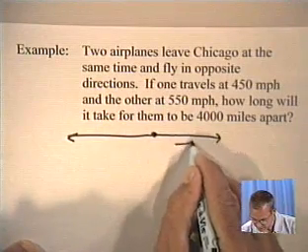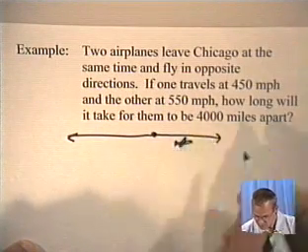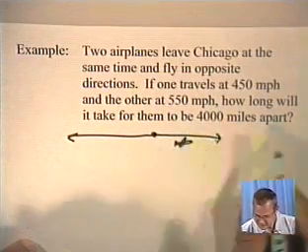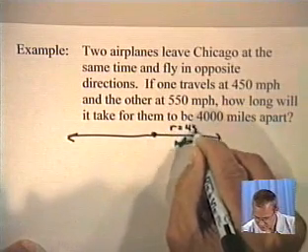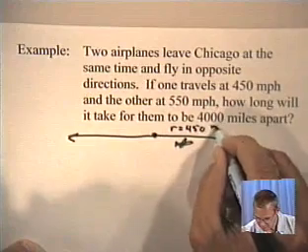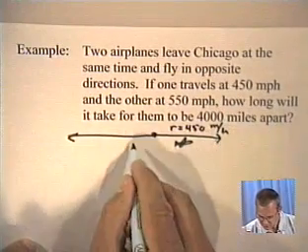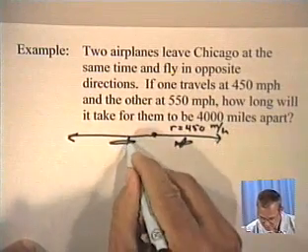Now let's just label a little bit here. Let's draw a little airplane. Rate is the 450 miles per hour. And we have another airplane going in this direction.